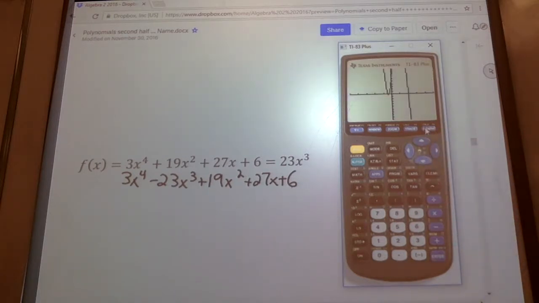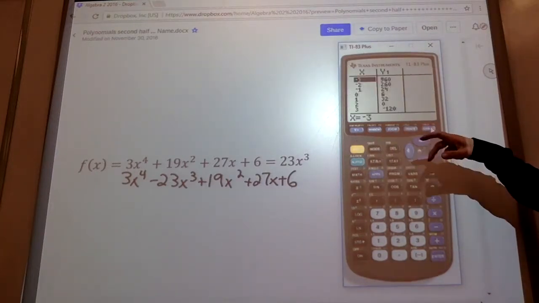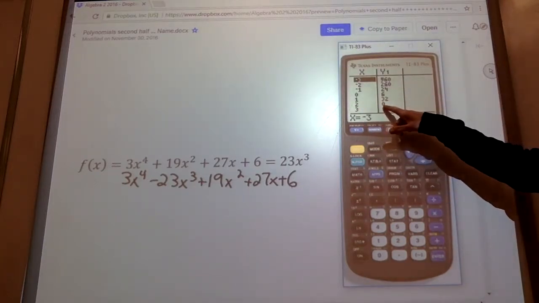Okay, so looking at my graph, I can see 3 of them, right? One I kind of know for sure. If you look at this one right here, that's crossing on the 2, and I can prove that by looking at the table, right? It's 2.